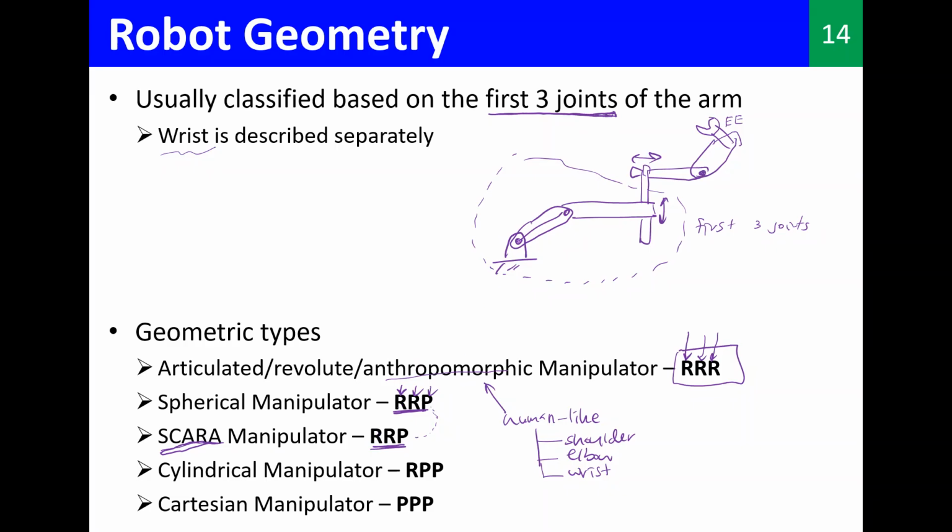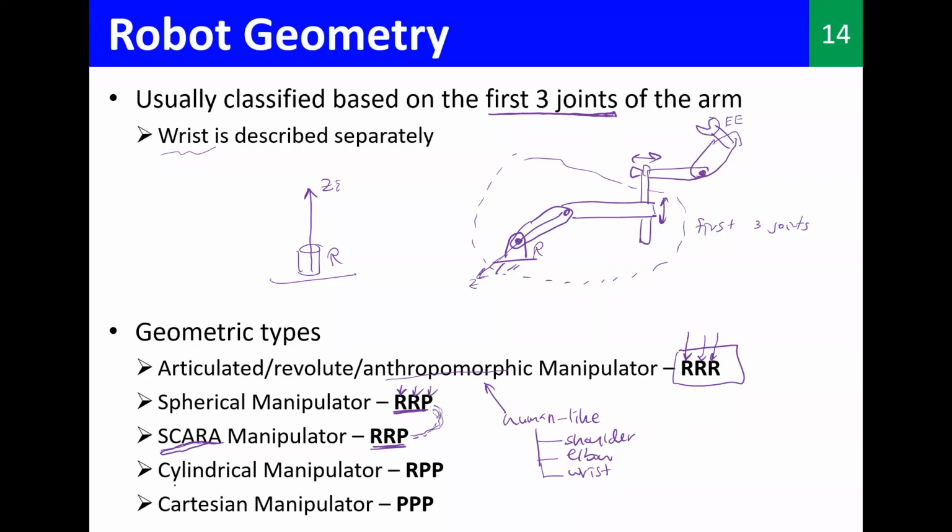So this is our Z axis, but another robot might have a joint where the Z axis is different. Even though that is also R, this is also R, the axis is different. That's why even the same RRP can have different shapes, based on this axis.